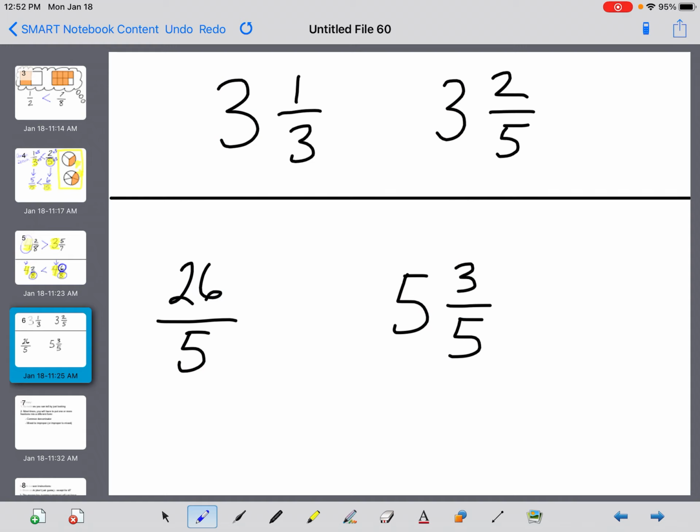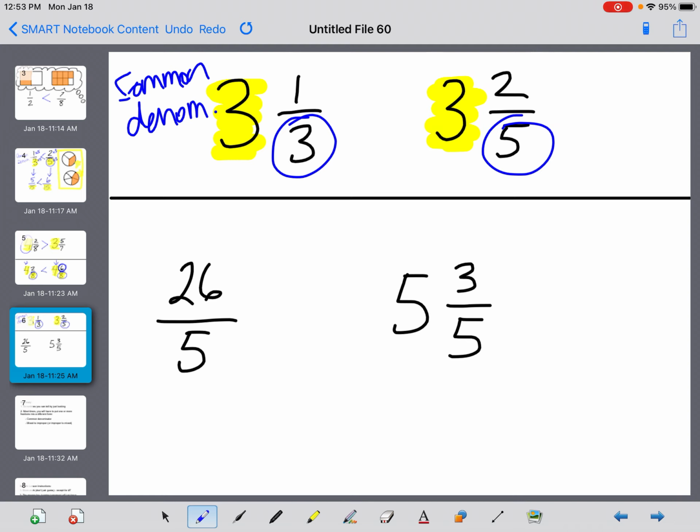Now, I've got to get it a little more complicated here. What if you have two mixed numbers that have the same first number? So we've got 3 whole pizzas for both of them, but then our denominators are different. Well, then it's not so easy just to look and to know. So what you will have to do is once again find a common denominator.